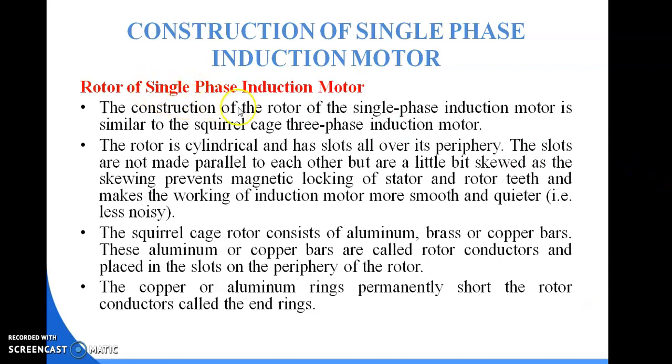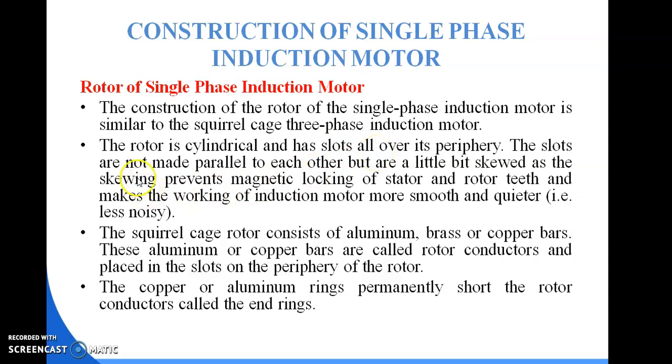Now coming to the rotor of the single phase induction motor. The construction of the rotor of a single phase induction motor is similar to the squirrel cage three-phase induction motor. The rotor is cylindrical and has slots all over its periphery.